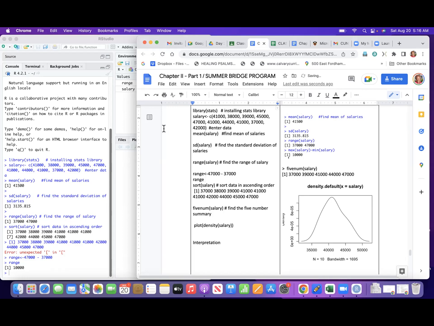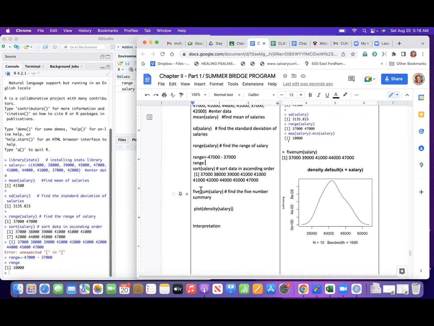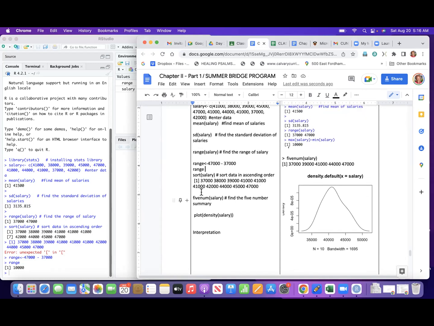Now when you sort salary, it gives you your salary in ascending order, from the smallest to the largest. Another thing that I did was to just get the 5-number summary. Remember what the 5-number summary is.